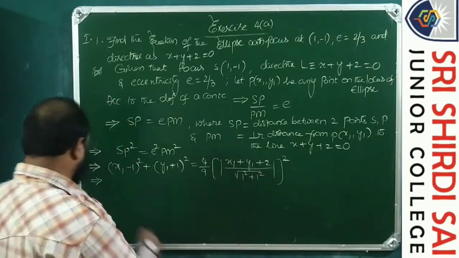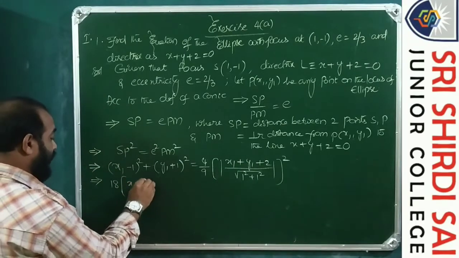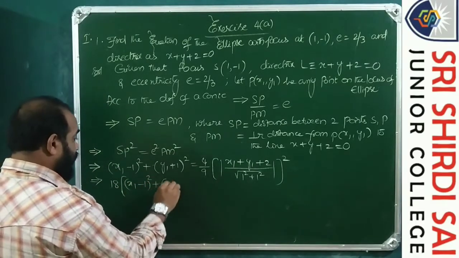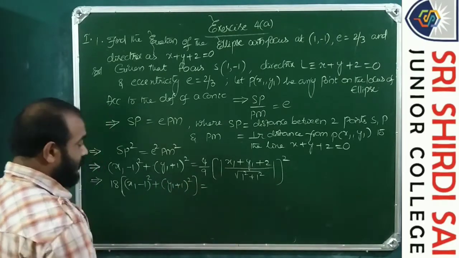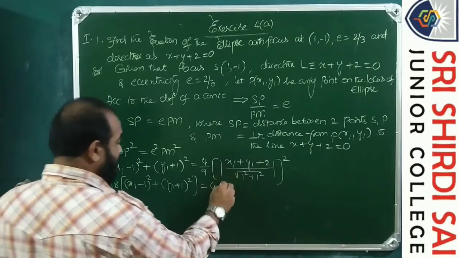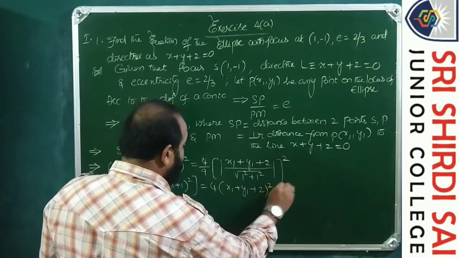2 nines are 18. Cross multiplication: 18 into (x1 - 1) whole square plus (y1 + 1) whole square equals 4 into (x1 + y1 + 2) whole square.